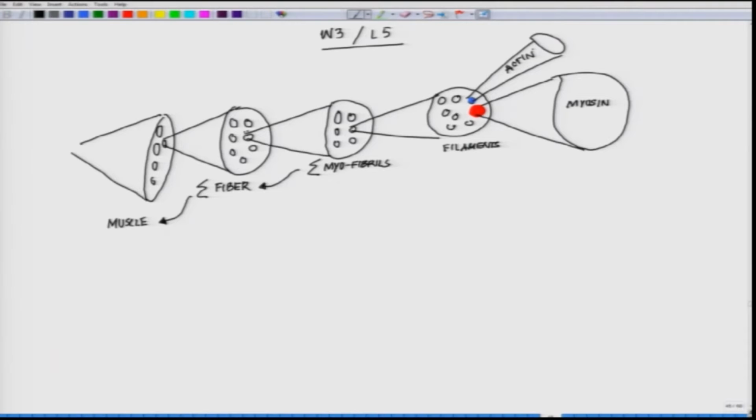So, if you look at this picture very carefully, you will realize the level of hierarchy that is being followed in nature, from self assembly of some big molecules like actin and myosin filaments, which are proteins essentially.